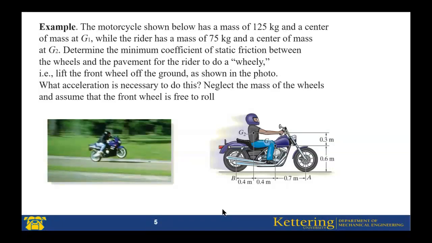For this condition, we want to know the coefficient of friction for the rear tire with the pavement. Also, what is the acceleration needed to do this? I'll give you some time if you want to write.